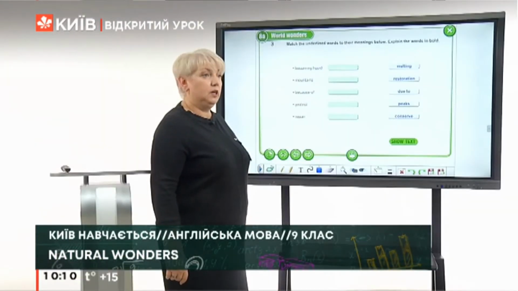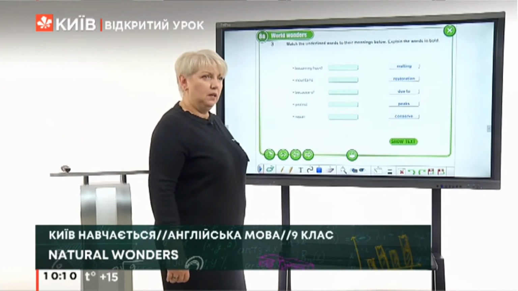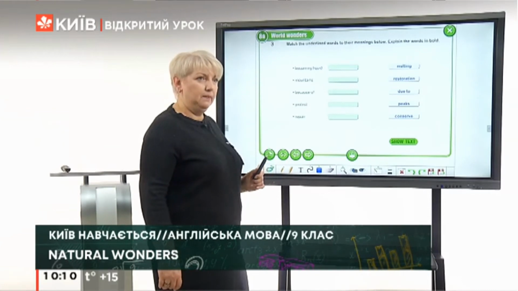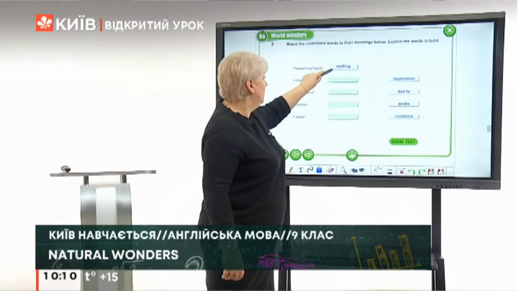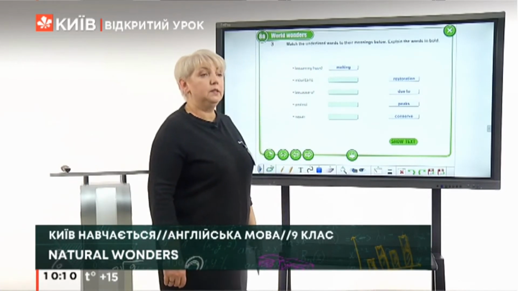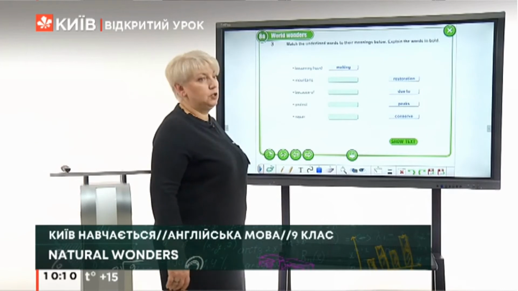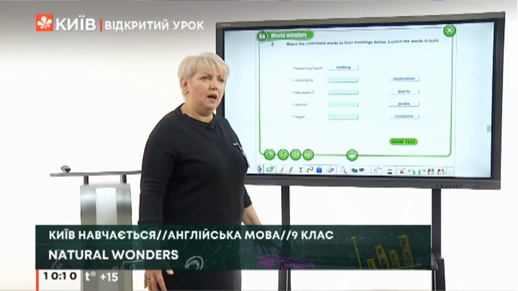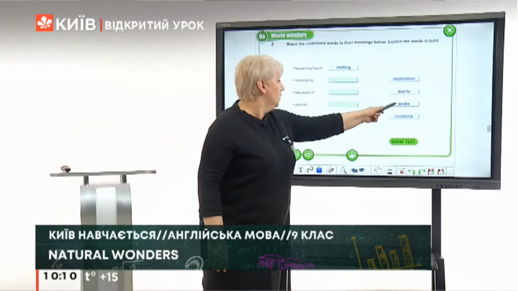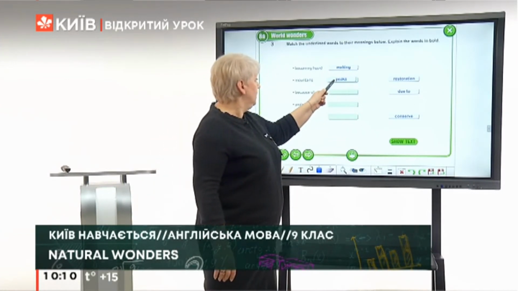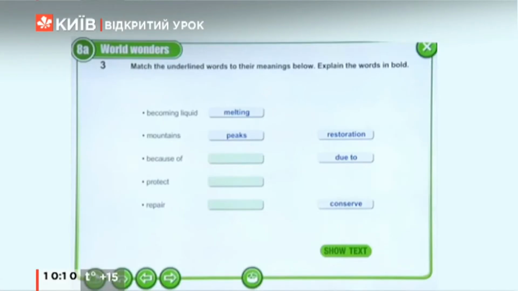So the first word combination is becoming liquid. What does it mean? What is the synonym? Of course, it's melting, like snow. The next one, mountains. What is another word for mountains? Yes, you are absolutely right. It's peaks. Good.